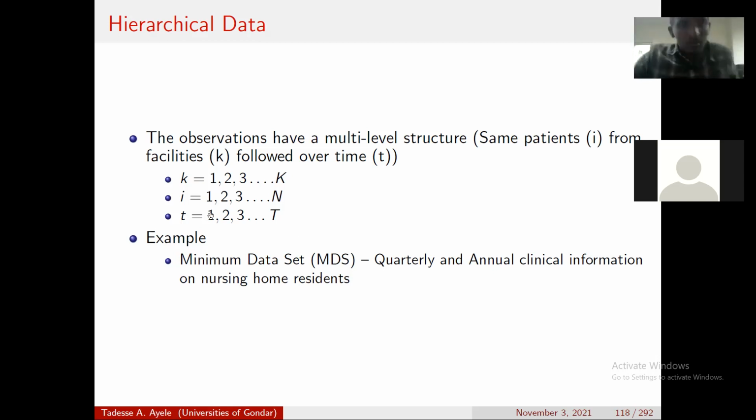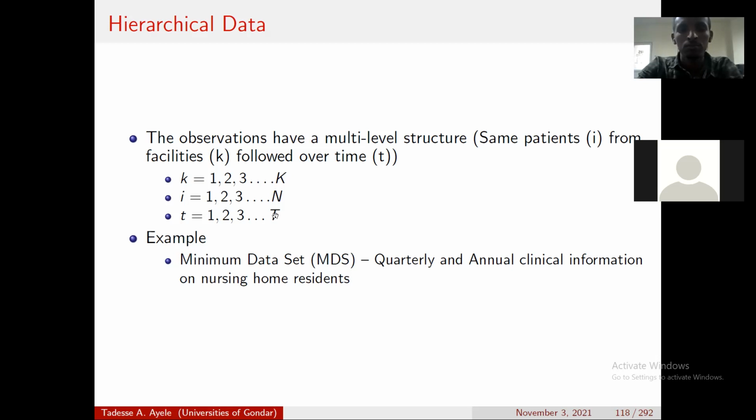So t1 means the time at which measurement one was taken. t2 means the time at which measurement 2 was taken. t3 means time 3 at which the third measurement was taken.